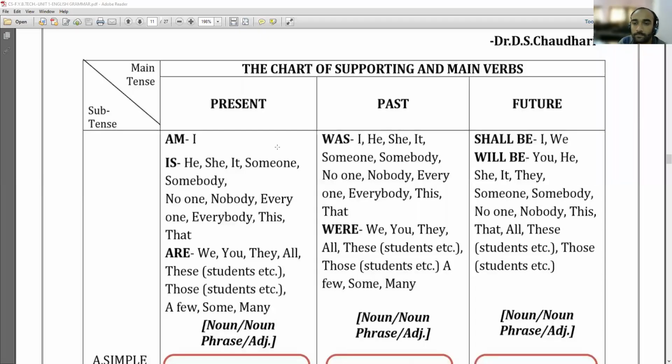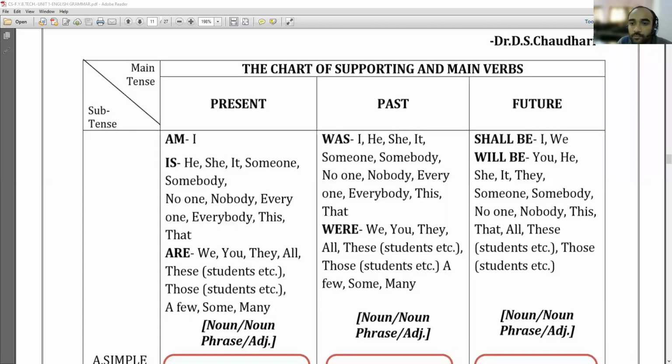So we were discussing in the last lecture, yesterday's lecture, about the supporting verbs which we use for the pronouns or subjects. Okay, I'm sharing the screen. Is it visible? Yes, sir. Okay.